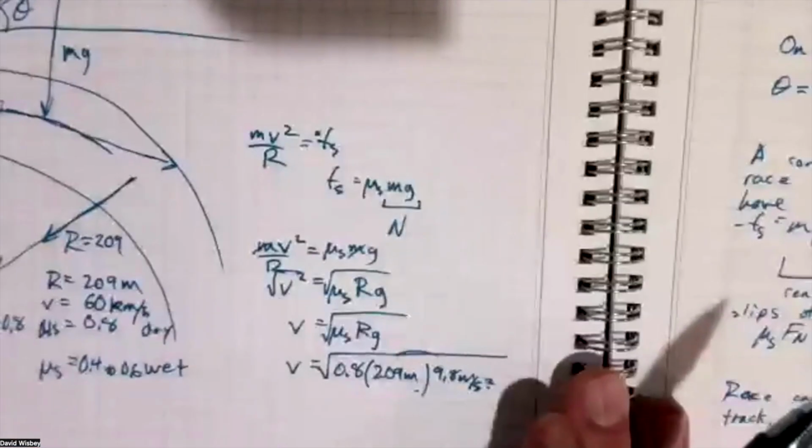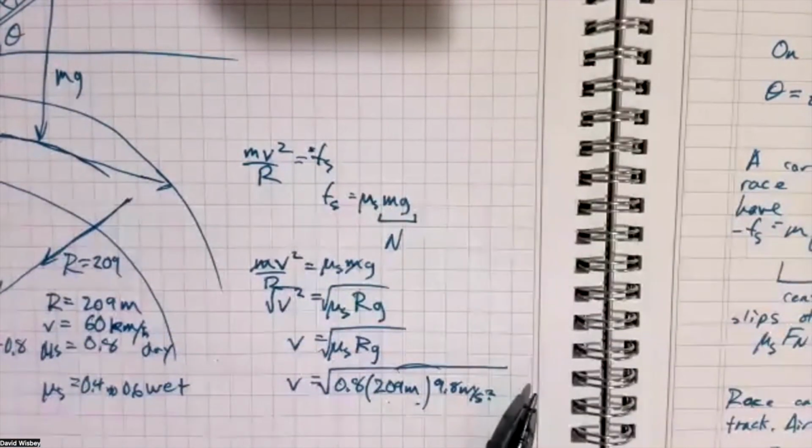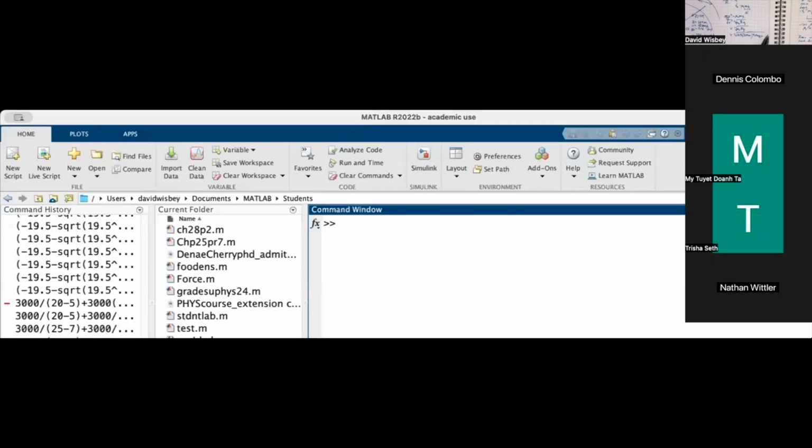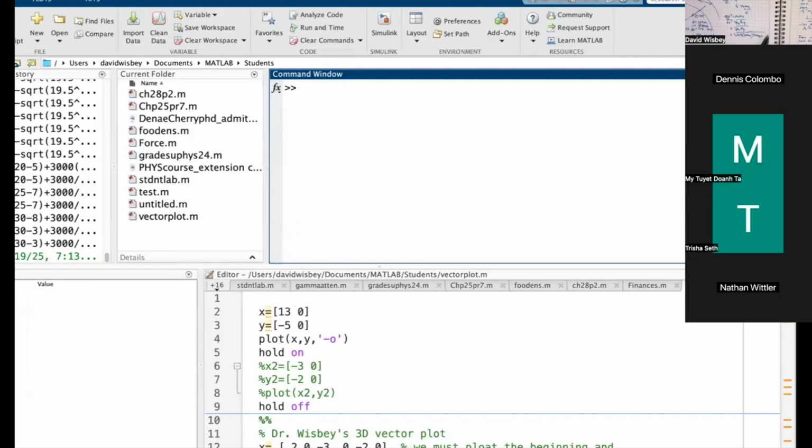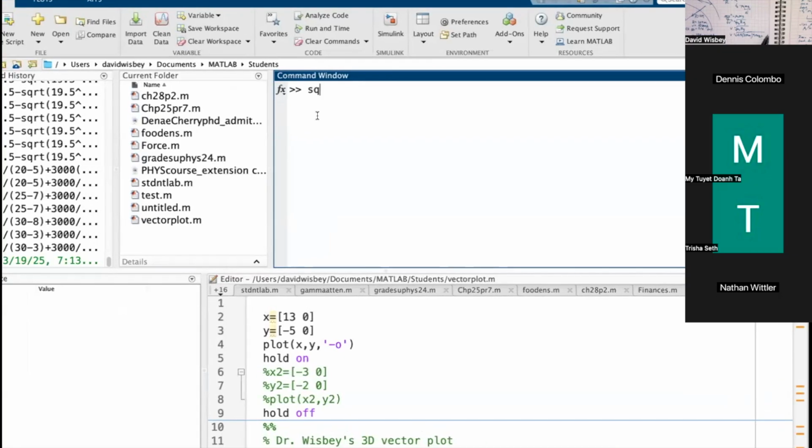All right, well, let's go back to my calculation here because my MATLAB has loaded now. So let me just plug in the numbers. Okay, so I'm going to have the square root of, I need a bracket, the square root of 0.8, that's the coefficient of kinetic friction, times 209 meters, and we're calculating what's the maximum speed that you could go around this corner without slipping off.